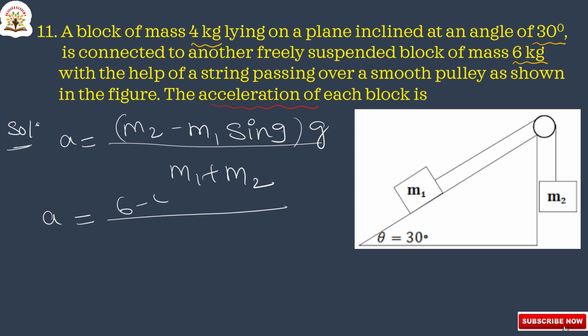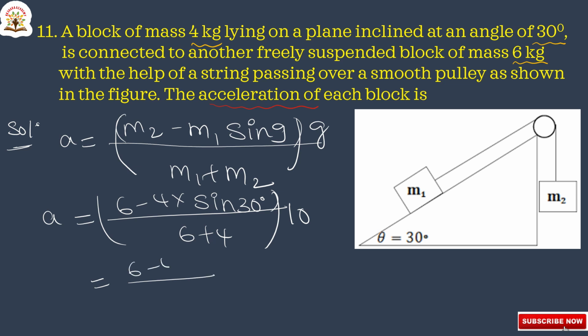A is equal to 6 minus 4 into sin 30, here theta is given as 30 degrees, by 6 plus 4, into g. The g value is given as 10. So that is equal to 6 minus 4 sin 30, which is 1 by 2, so 2 ones are 2, by 6 plus 4, which is 10, into 10.